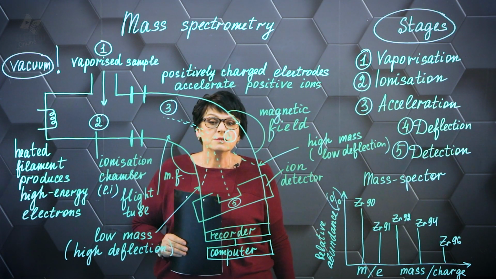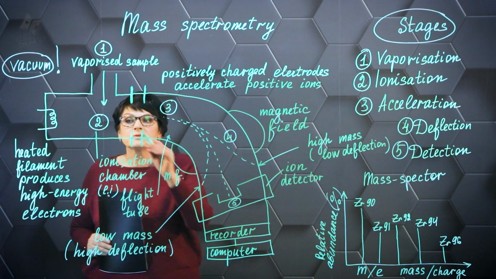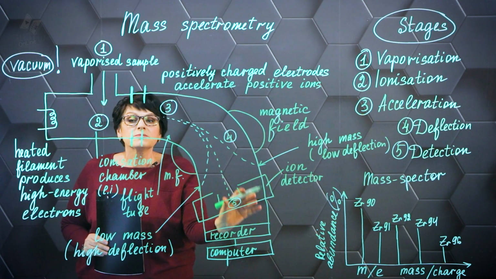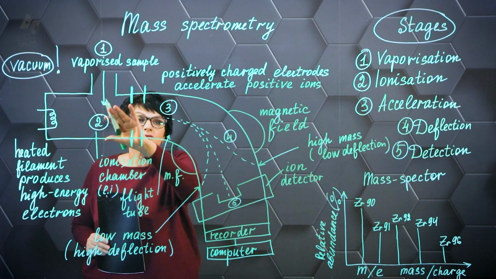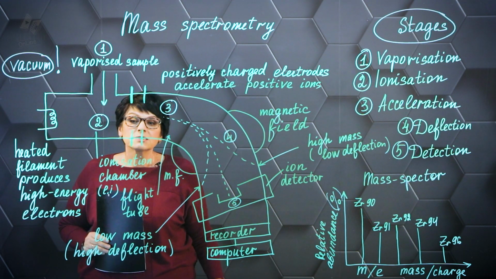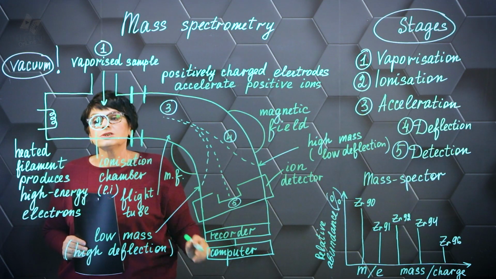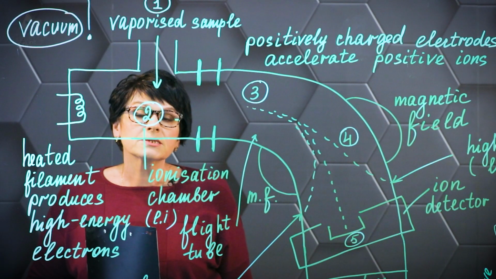What is the basis of this apparatus and what does it consist of? Let's understand. The apparatus consists of a special tube in which the particles move, inside of which there are parts. The first part is the sample input part.